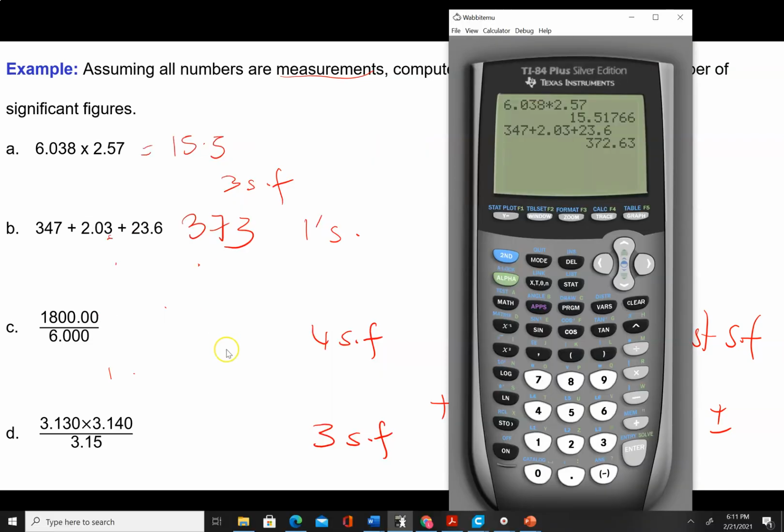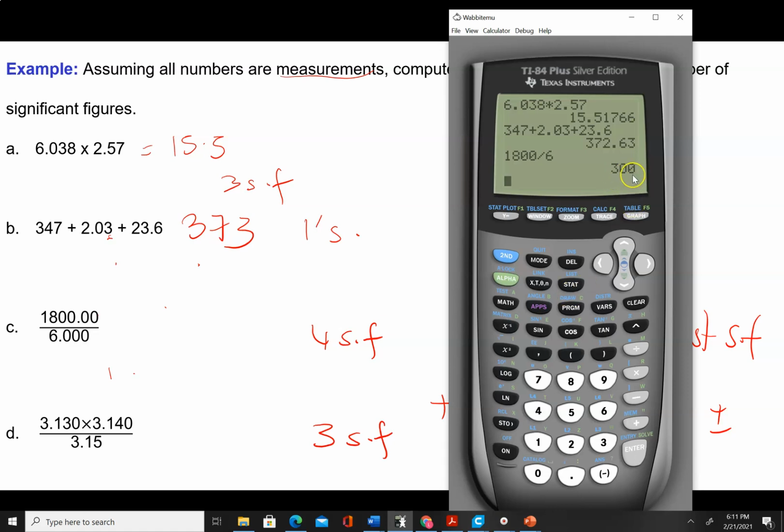Okay, next one, 1,800. We don't have to worry about putting the 0.00, it won't change the size of the number, divide 6. Here we go. So it's 300. Now we need to write this to 4 significant figures. So how am I going to make it to 4 significant figures?